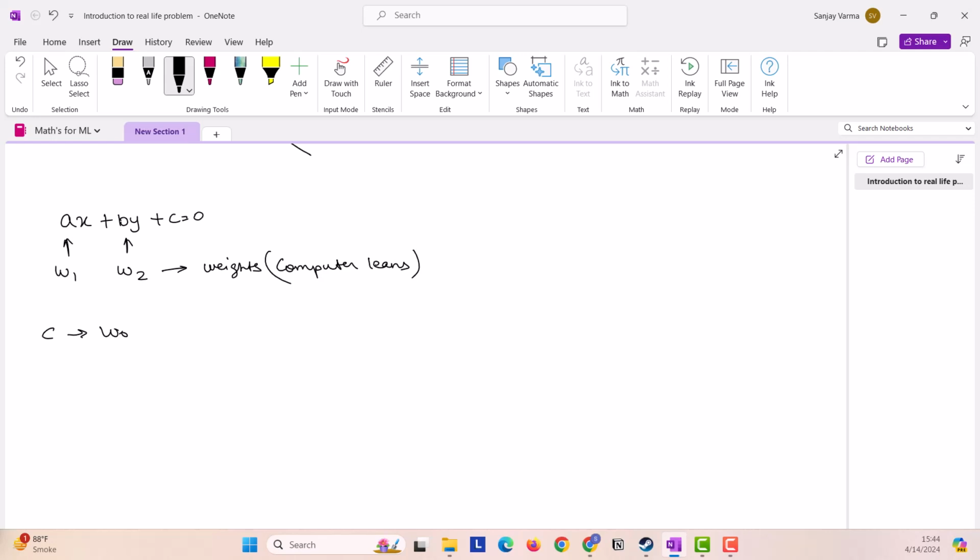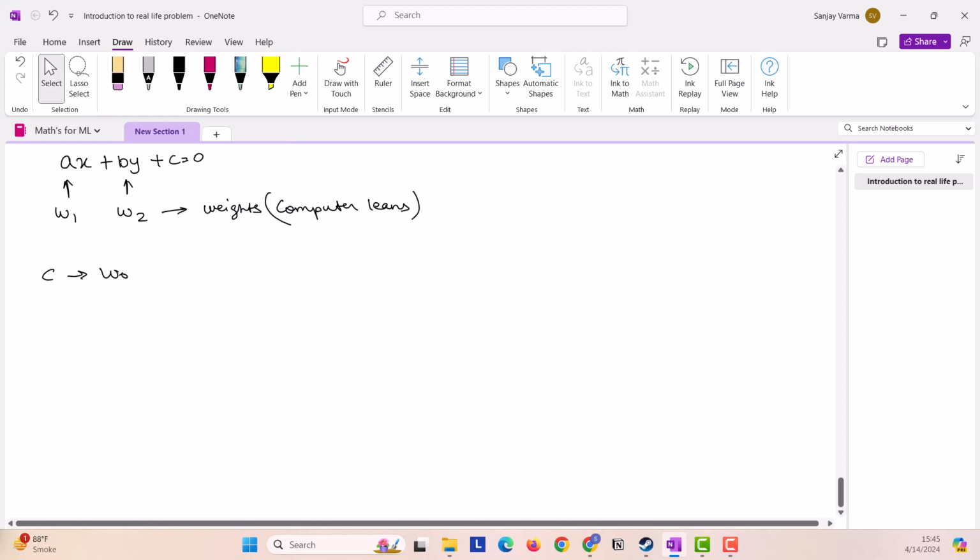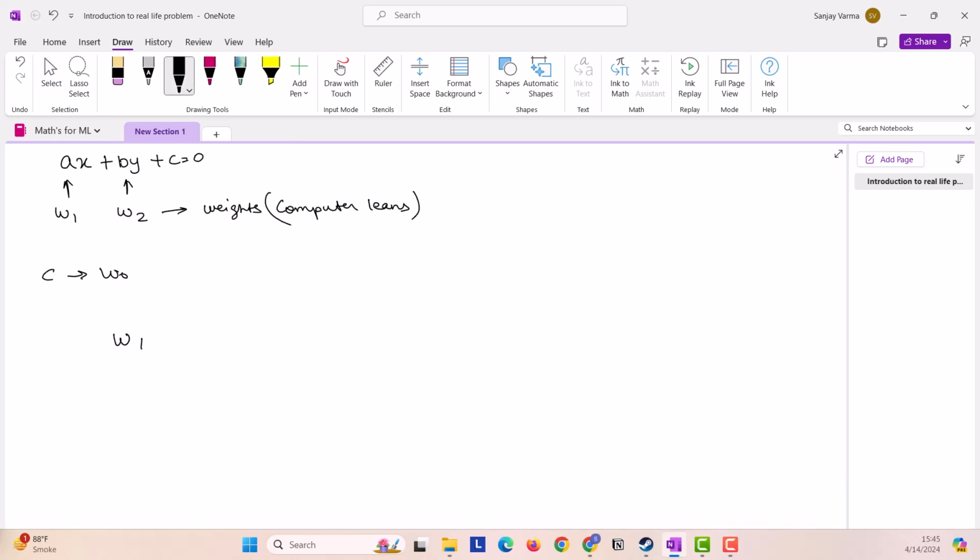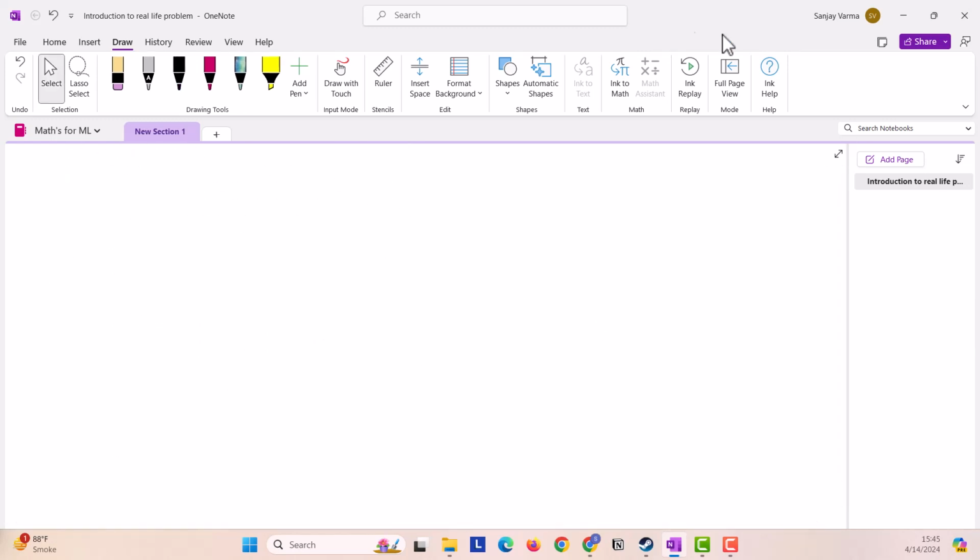That is because we follow this formal representation in machine learning, and the terminology changes when we go to the machine learning side of representation. So we can say that the equation of line will look something like this when we start learning machine learning.